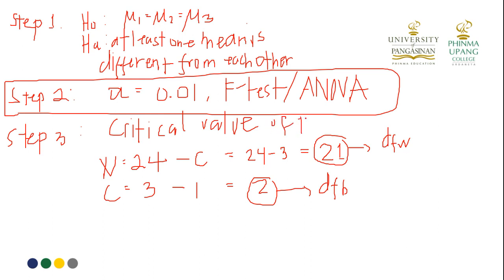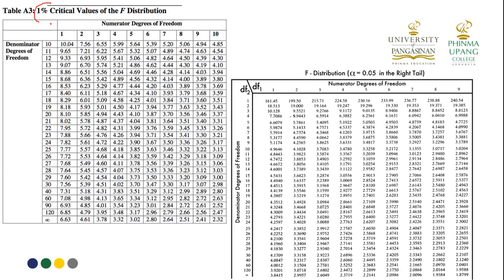Critical value of F. So, lagay natin dito F table value is, punta ka sa DF na 2 at DF na 21 sa ating table ng 1%. So, this is 2 and this is 21. So, connect natin kung saan sila magtatagpo.